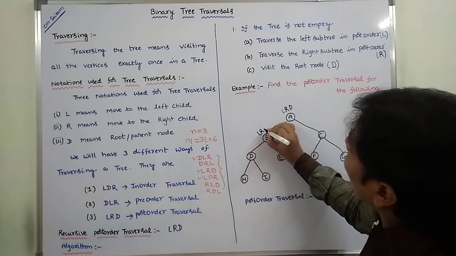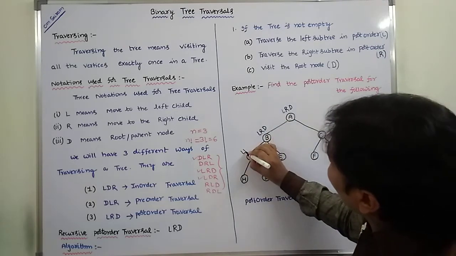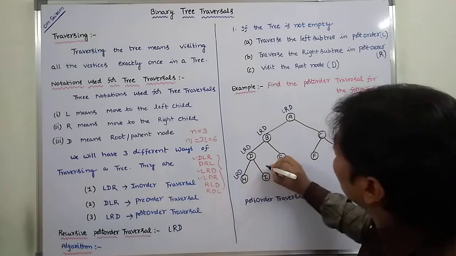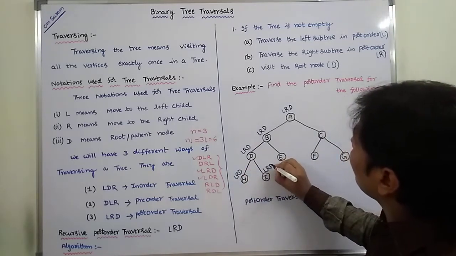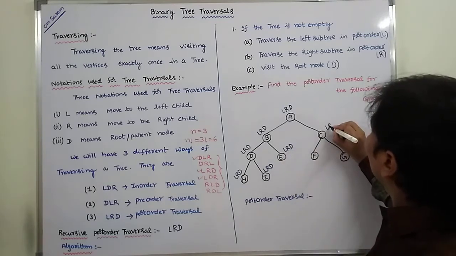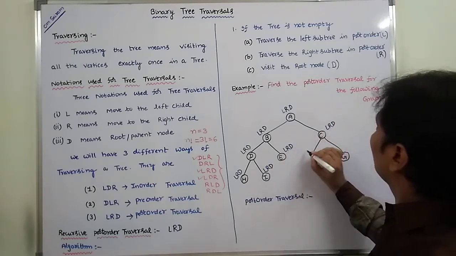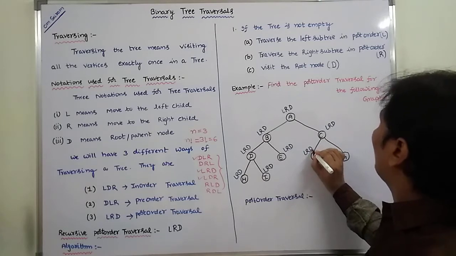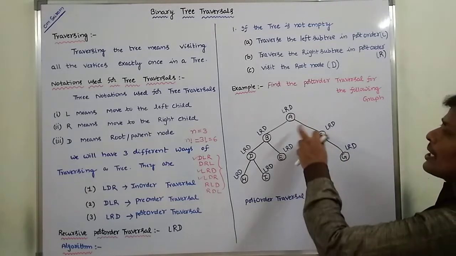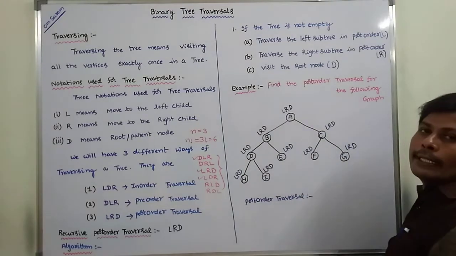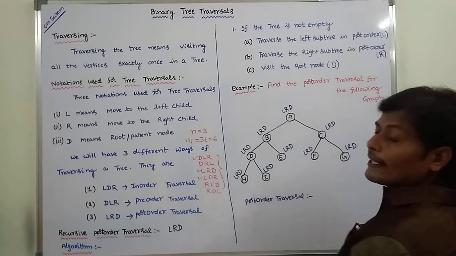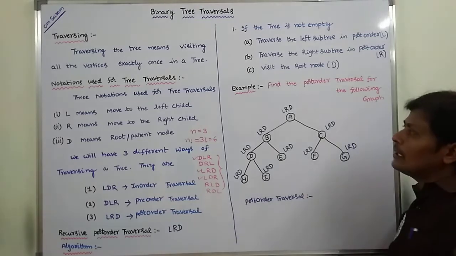Here LRD, LRD, LRD, LRD, LRD, LRD, LRD, LRD. Because this is the notation of post order traversal. Visit the left subtree, next visit the right subtree, next visit that node.